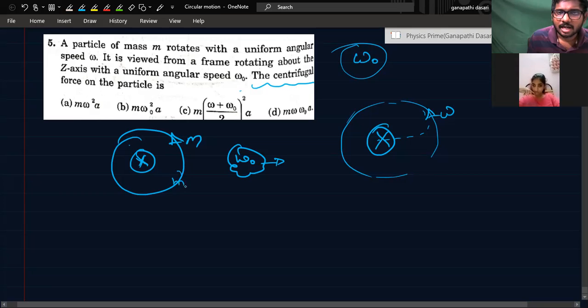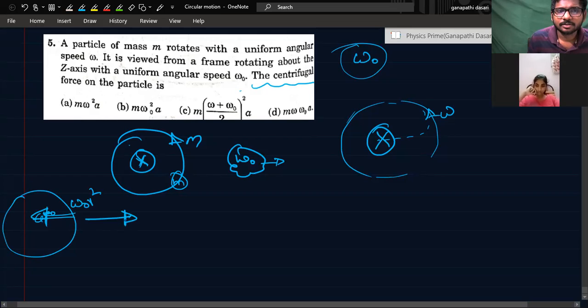on this mass away from the center. Suppose you are rotating like this, omega naught, and the acceleration will be omega naught square r. The acceleration is towards the center, but the force should be away from the center. So what is that?